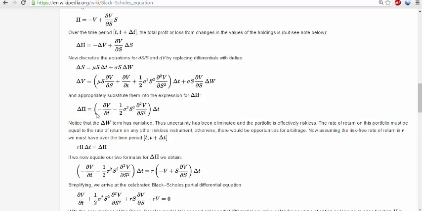If we can take this whole equation which we got from delta 2, and we can substitute it in delta 1, we will observe that dW vanishes.